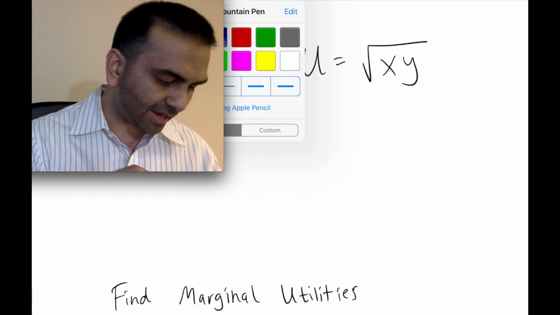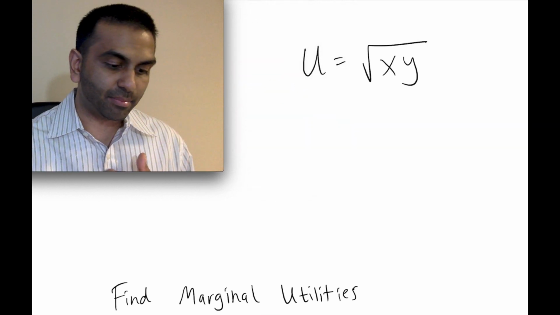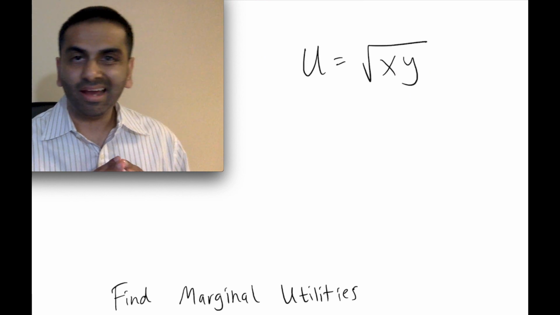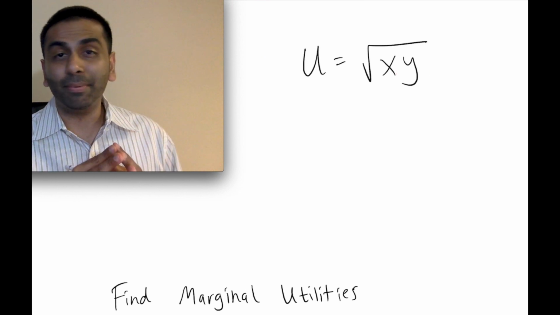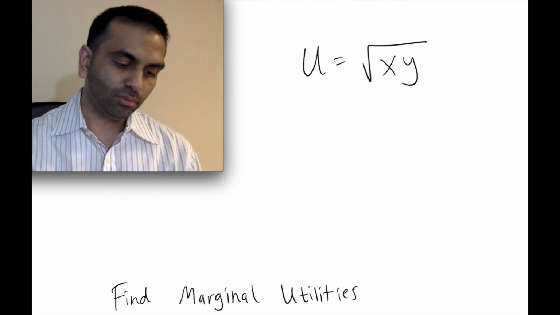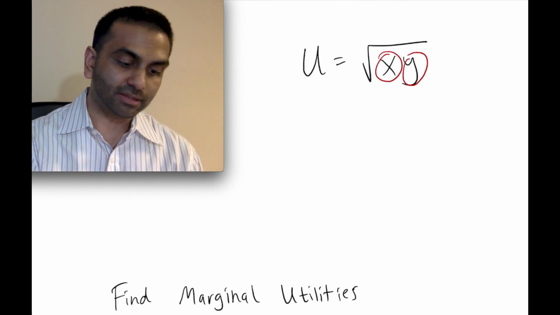So here you can think of x as, say, the number of apples that you consume, and y as the number of bananas that you consume. And so, long story short, what this is saying is the more of either good, the more utility you have.